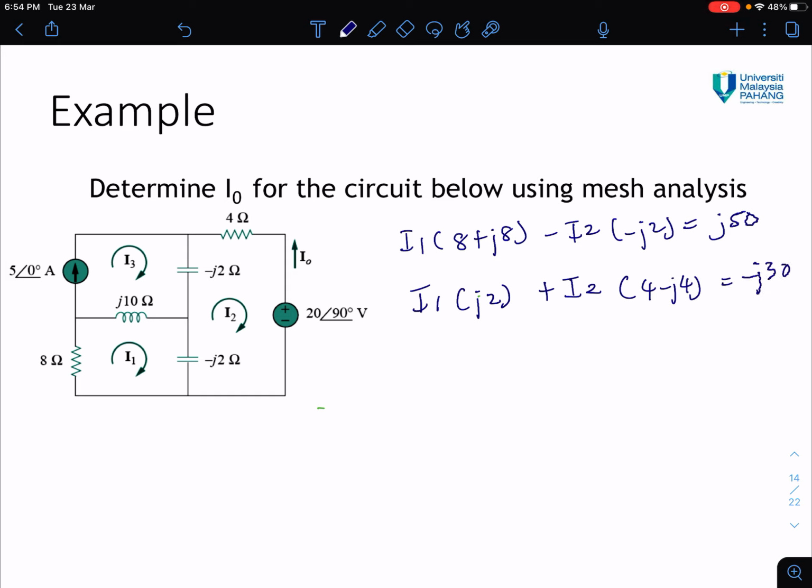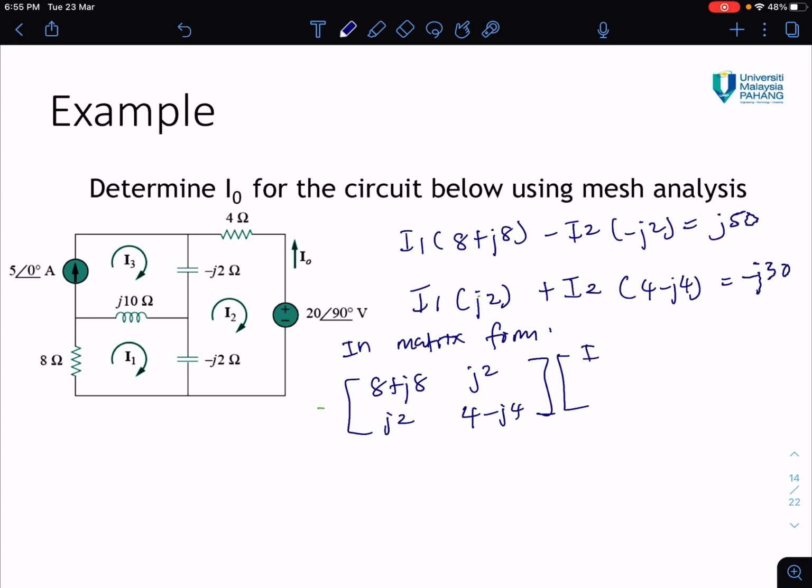We need to write this in matrix form. In matrix form, it becomes 8 plus j8, j2, j2 here, and here 4 minus j4, and then here are our I1, I2, and then j50 here, and this part is 50 minus j30.